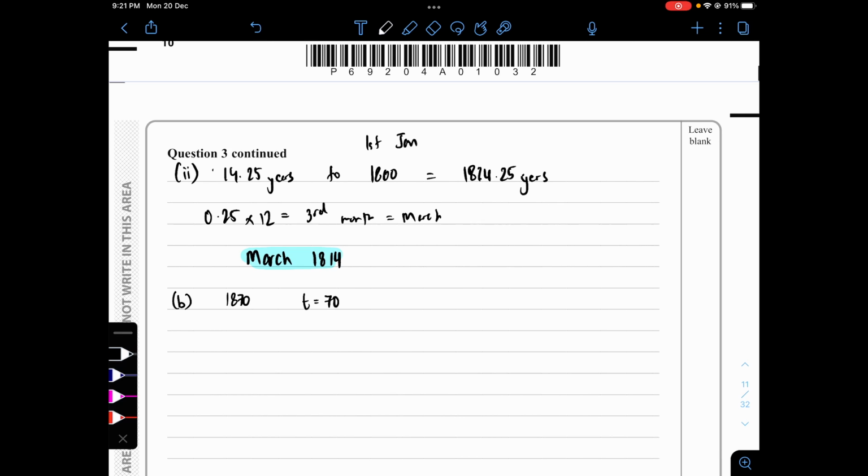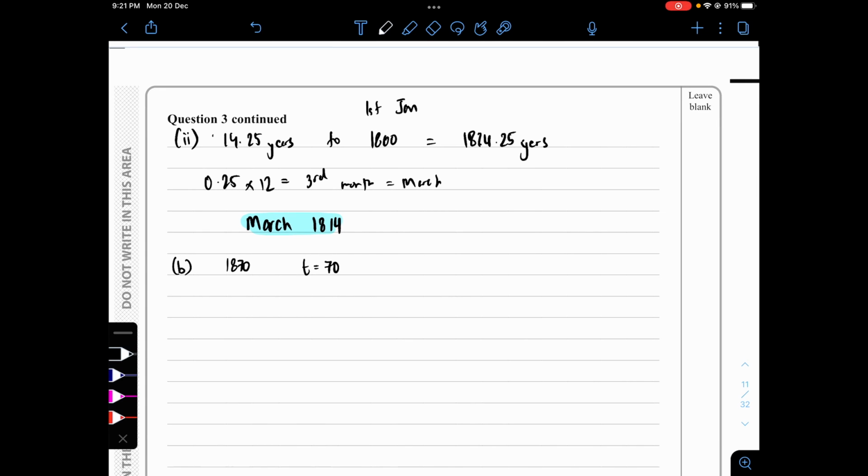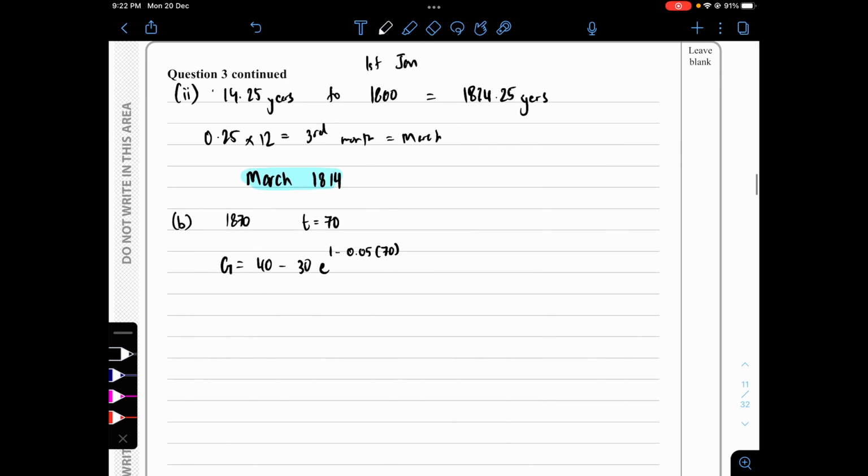G equals 40 minus 30 e to the power of 1 minus 0.05 times 70. So G will be 37.5 tons. That's our final answer. It's only 2 marks, so this is sufficient working out.